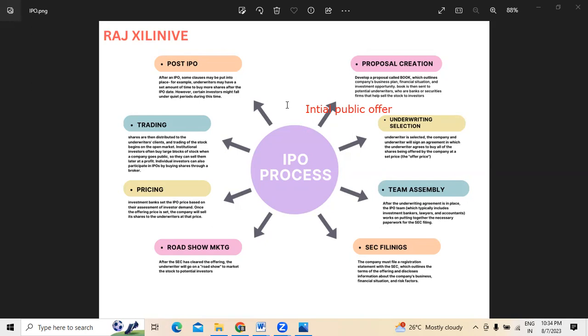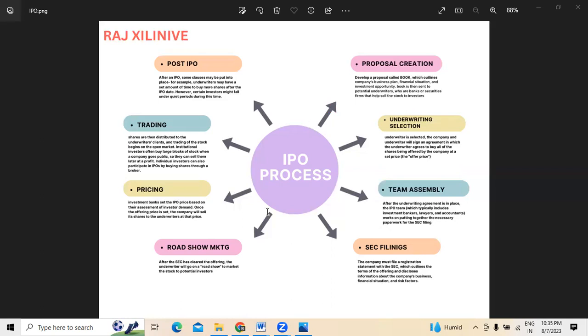Now, if any organization wants to become a public limited company and go for an IPO, there is a process which an organization normally has to follow. This is not something that will be done by the organization on their own. The organization has entrepreneurial experience, but to initiate this, they require a third party to run the IPO process on their behalf.